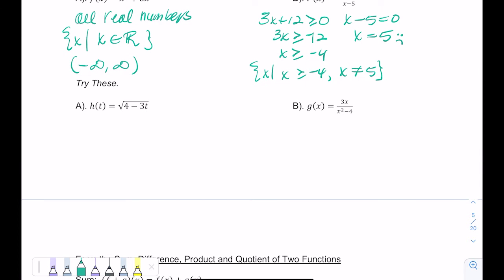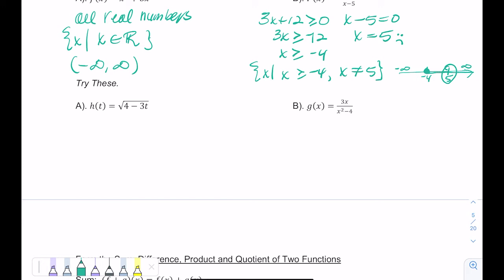If I was to write that in interval notation, think of a number line, right? So you have negative infinity and positive infinity, and then I've got negative 4 and 5 in here. So you can have any number you want on that number line starting at negative 4 and going towards positive infinity. But there's a problem right here.